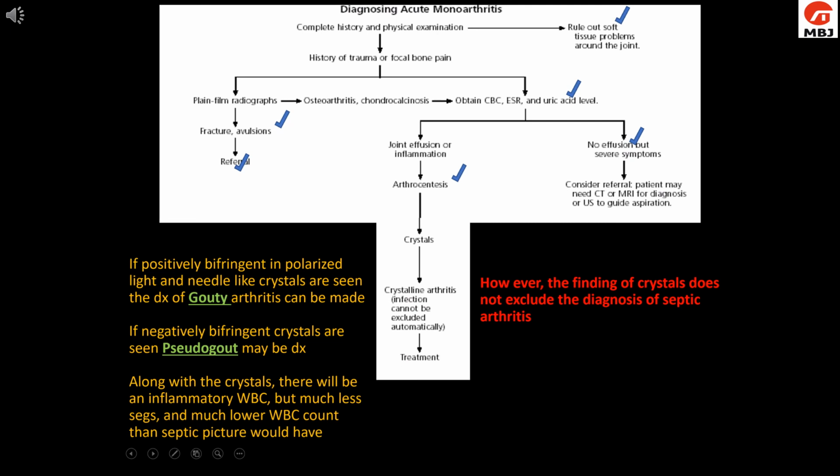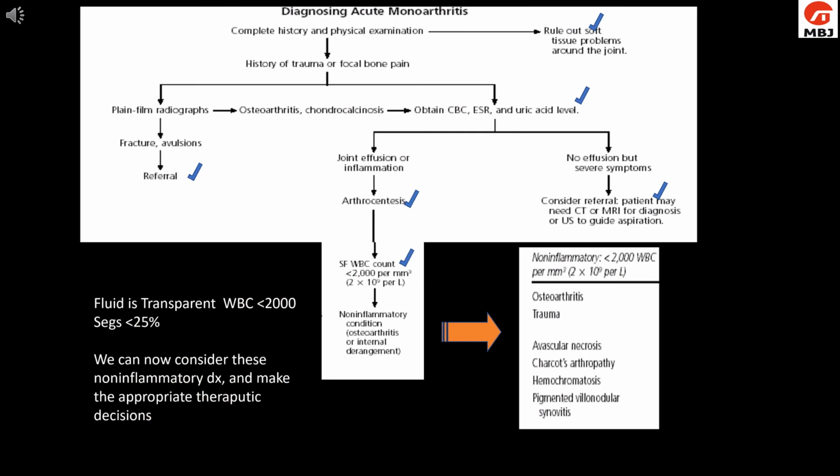Along with the crystals, there will be an inflammatory WBC count, with much fewer segments and much lower WBC than a septic culture would have. However, the finding of crystals does not exclude the diagnosis of septic arthritis. If the aspirated fluid is transparent, with WBC count less than 2000, we can now consider these non-inflammatory conditions and make the appropriate therapeutic decisions.